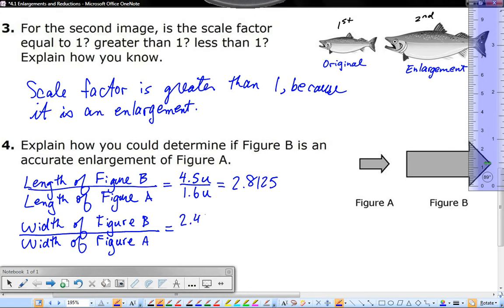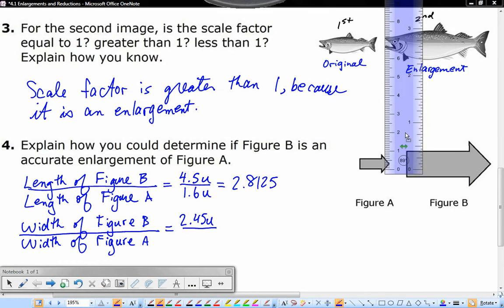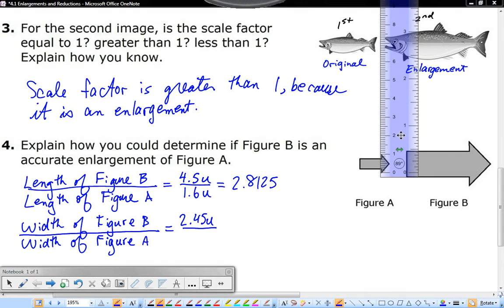So this is 2.45 units in width for that arrow. And if I take a look at the width of the other arrow, when I line this up, it looks like it's pretty darn close to 1. That gives us a scale factor of 2.45.